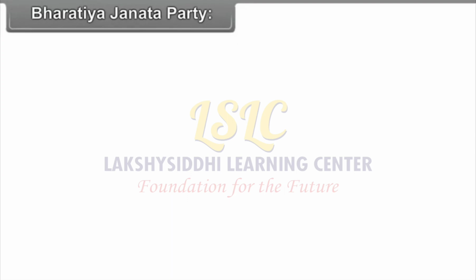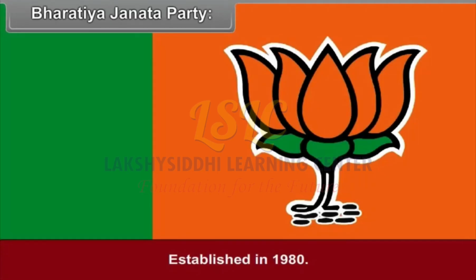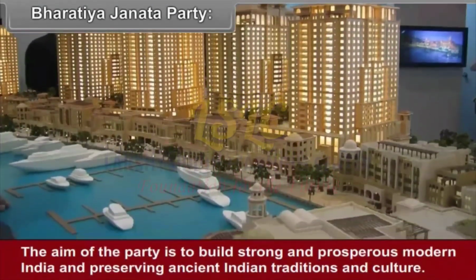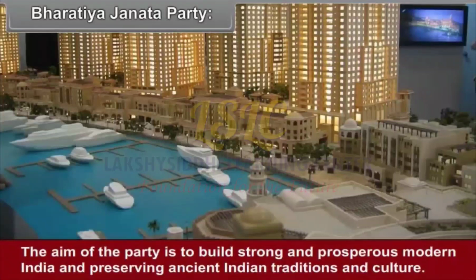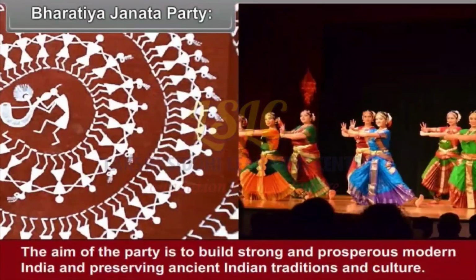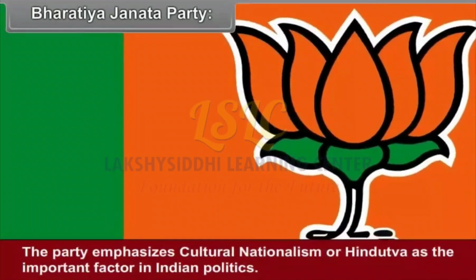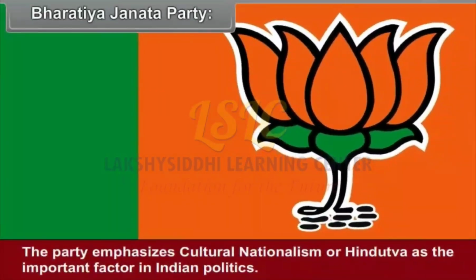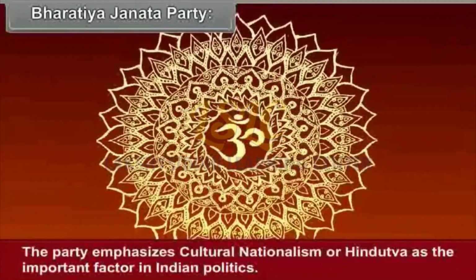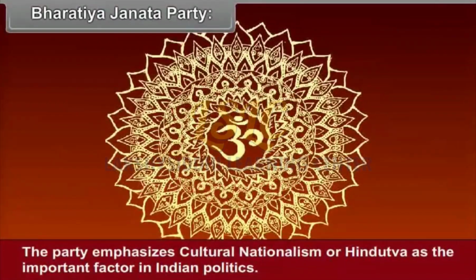Bharatiya Janata Party, established in 1980. The aim of the party is to build a strong and prosperous modern India and preserve ancient Indian traditions and culture. The party emphasizes cultural nationalism or Hindutva as the important factor in Indian politics.